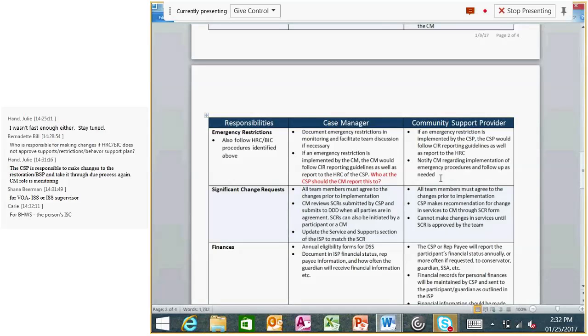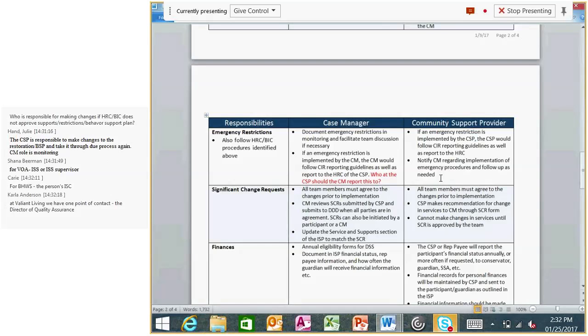We weren't sure if it would differ between CSPs depending on how the personnel is set up, or if it would be kind of that internal service coordinator type person. Okay, and so Carla at Valiant Living is saying that that would be the Director of Quality Assurance. Black Hills Works is saying the person's internal service coordinator.